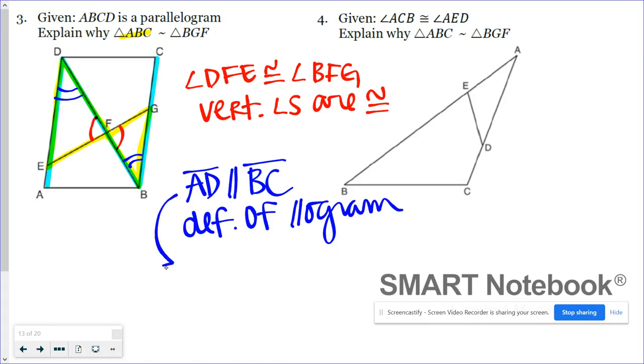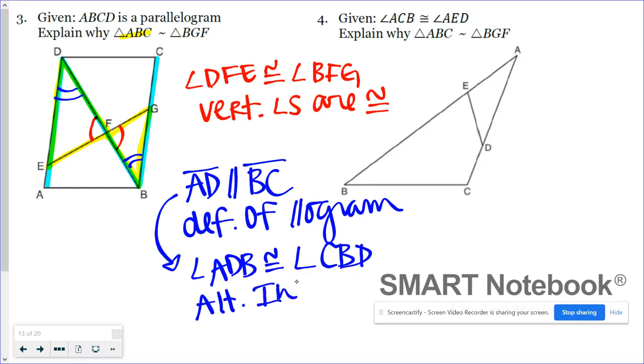And because those sides are parallel, I know that angle ADB is congruent to angle CBD because of the alternate interior angles theorem.